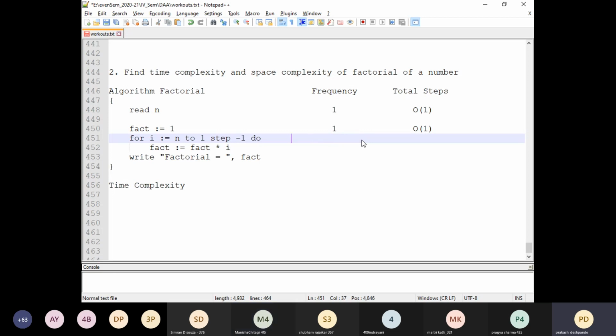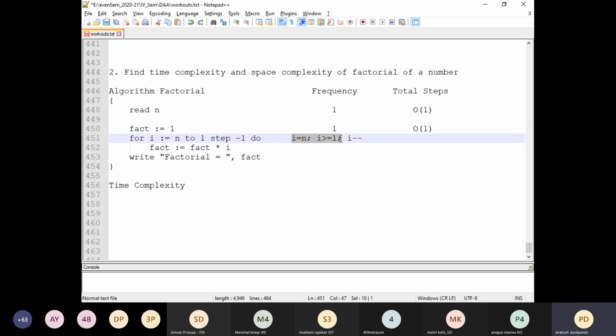Because if you try to represent this particular statement in a C code or a Java code, how will it look? I equals to n, I greater than or equal to 1, then I minus minus, right? That means here the condition will be true for n times and the condition will become false one time, isn't it?